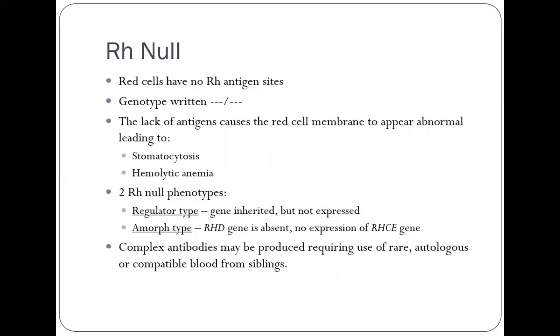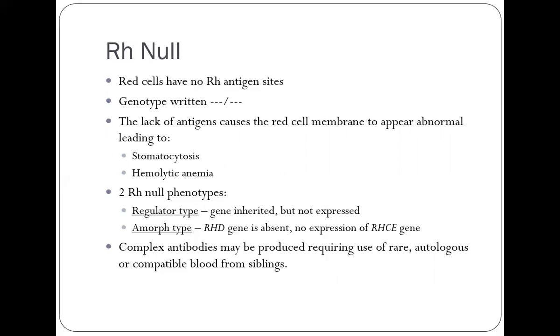These patients are capable of making what's known as an Rh29 antibody. It's a total Rh antibody, and if you detect an anti-Rh29, you need to give this patient only Rh null cells for transfusion. Normally, whenever a person is Rh null, you would look for donations from siblings or autologous donations, meaning donating for yourself.